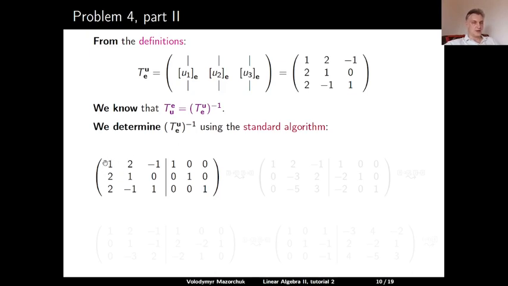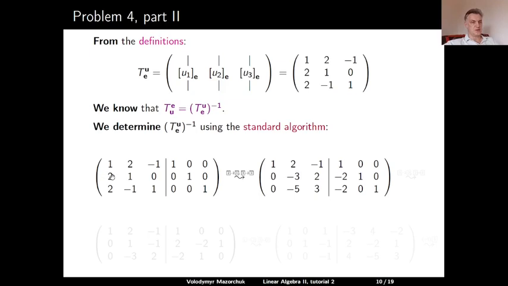So we have 1 here in row 1, column 1. So we use it to eliminate everything else in its column. So we multiply row 1 with minus 2 and add to row 2. We multiply row 1 with minus 2 and add to row 3. So row 1 remains the same.